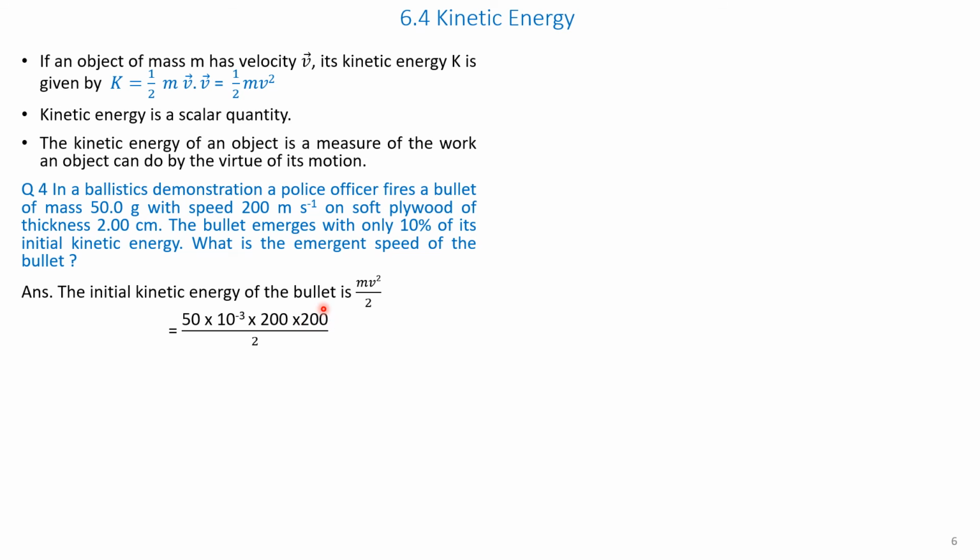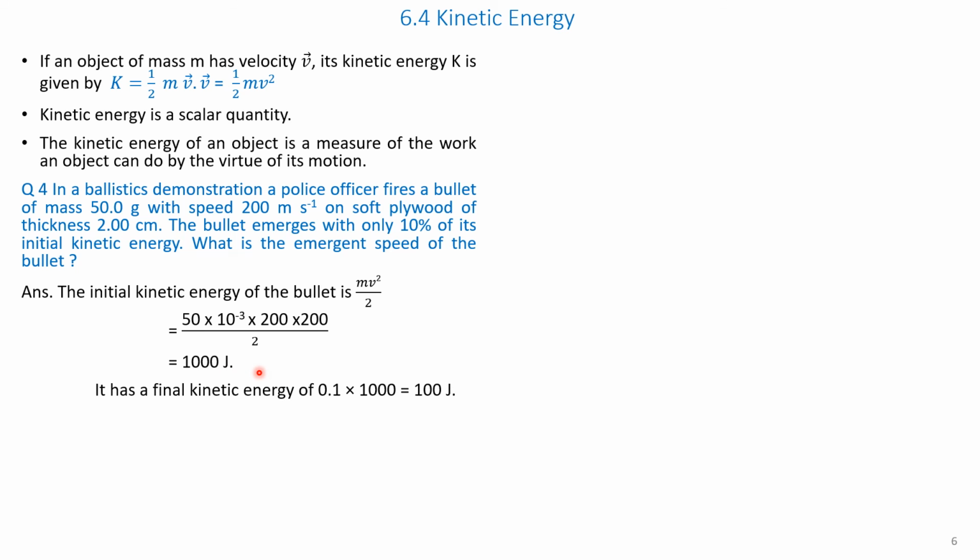Therefore, we use the relation 50 into 10 to the power of minus 3, that is 50 grams converted into kg, into 200. v is 200, so 200 into 200 divided by 2. That is, the answer is 1000 joules. So the kinetic energy of the bullet is 1000 joules.